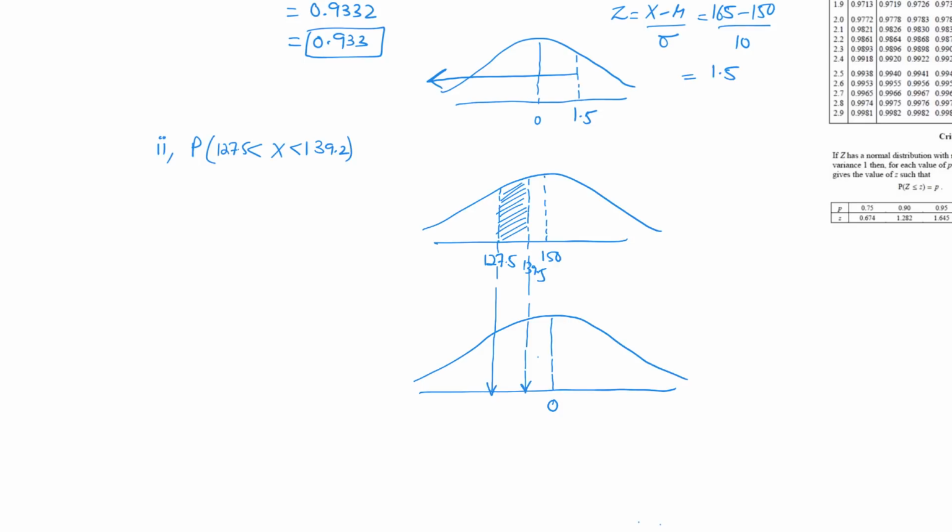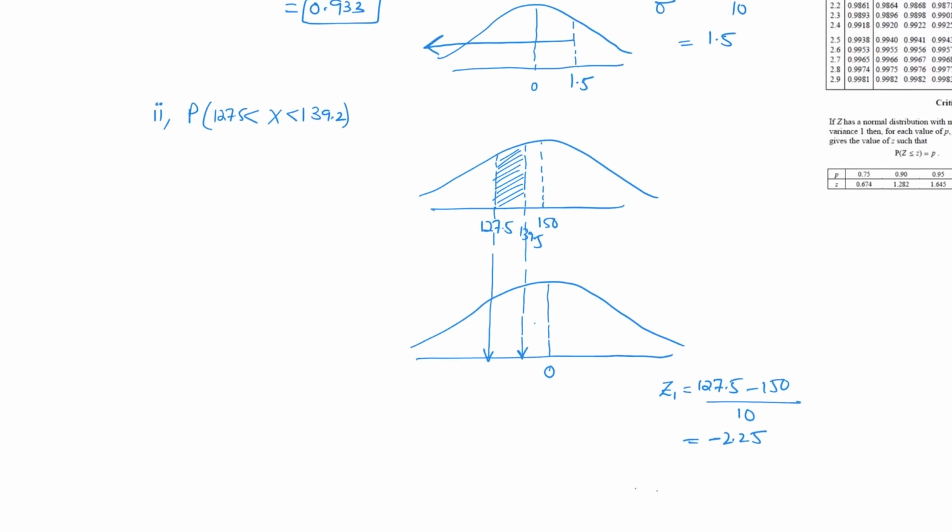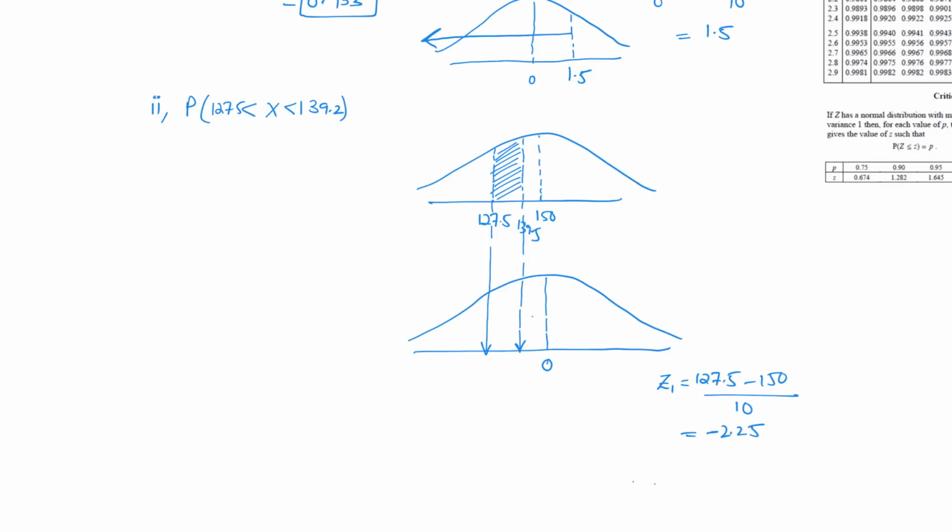So the corresponding z value of 127.5 would be 127.5 minus 150 over 10, which is negative 2.25, and the corresponding value of 139.5 would be minus 1.08.